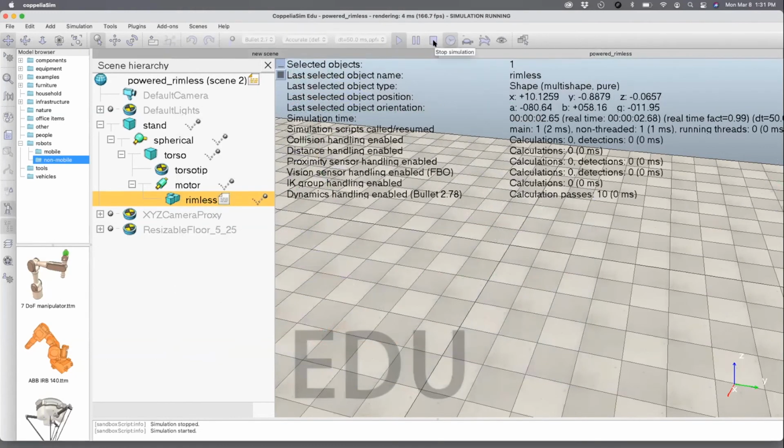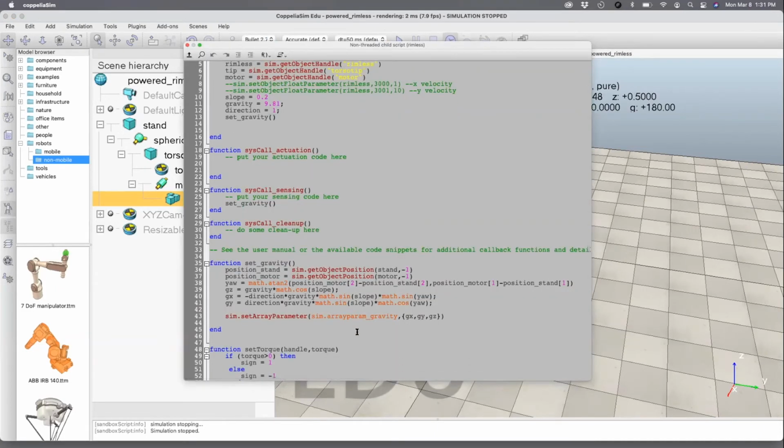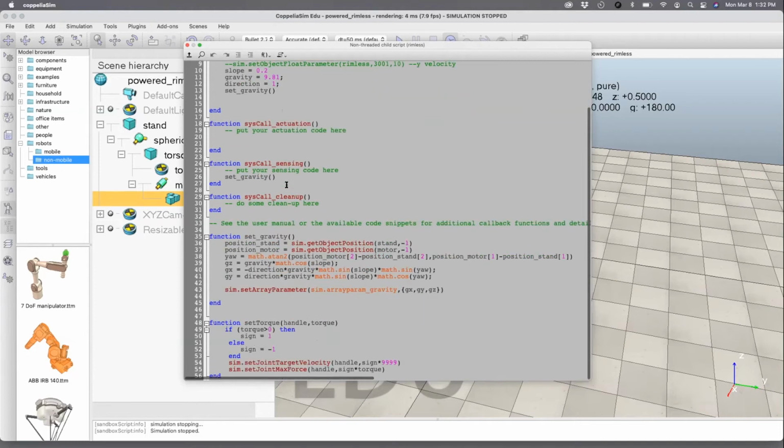Oh, something really went wrong. Let's see what went wrong. Okay, let me know if you find anything suspicious. Gravity is right, slope is right, direction is right. Get object position looks okay.